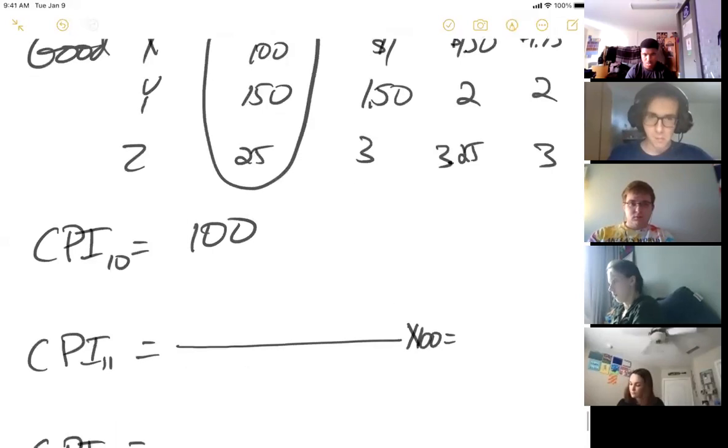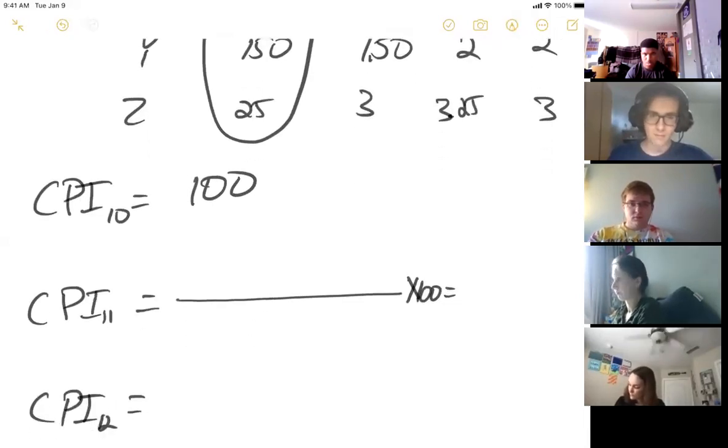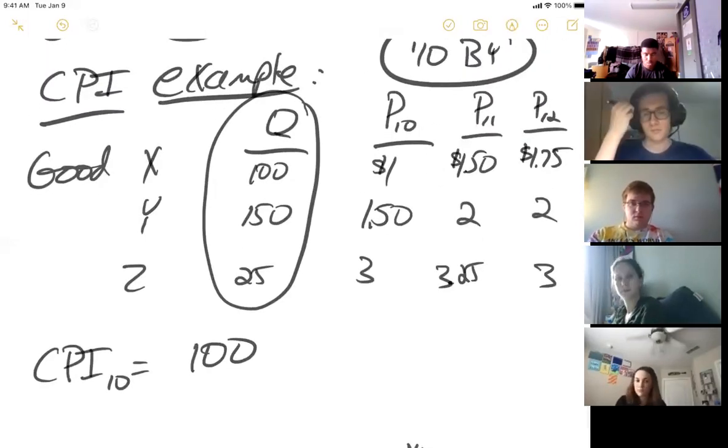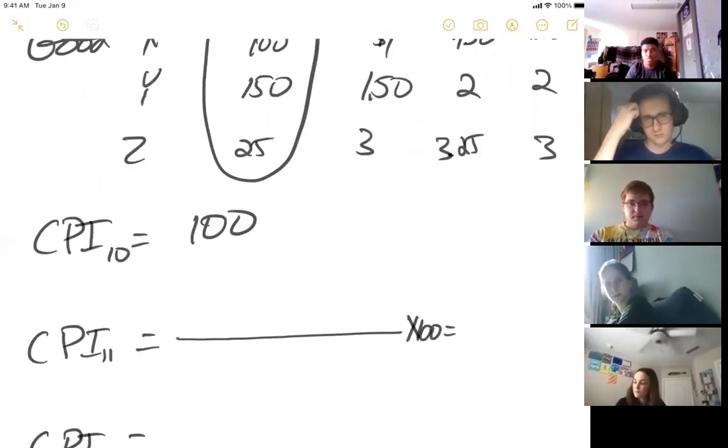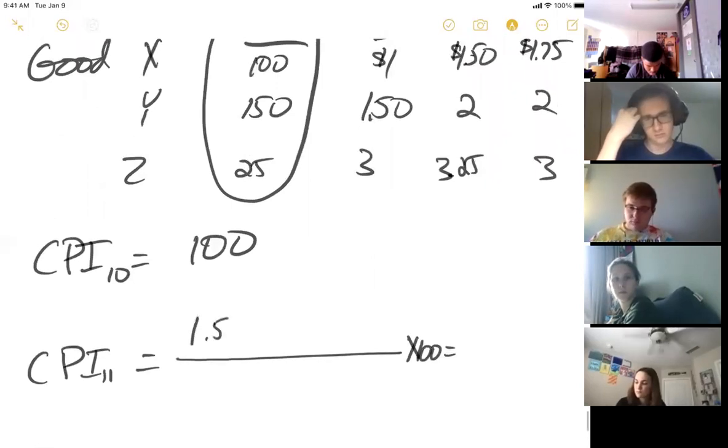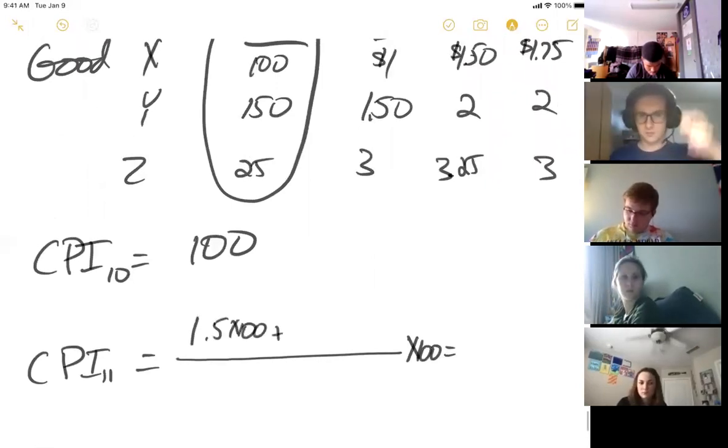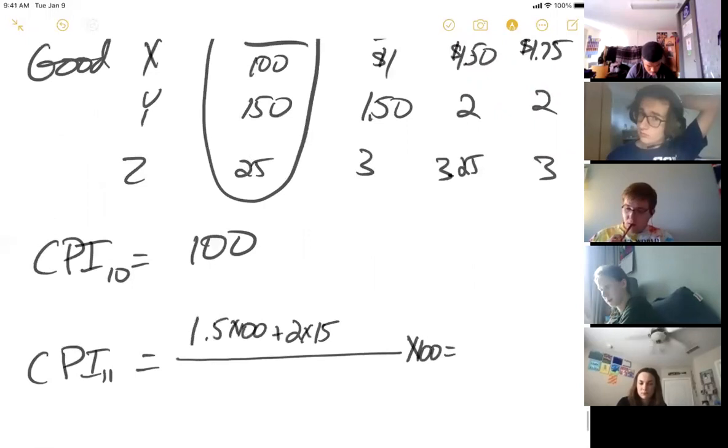Right. So let's do this here. The numerator is the price of the basket in 2011 times the quantity, right? So this should be 1.5 times 100 plus 2 times 150 plus 3.25 times 25.